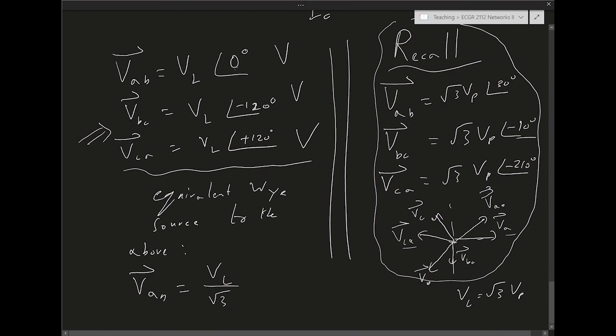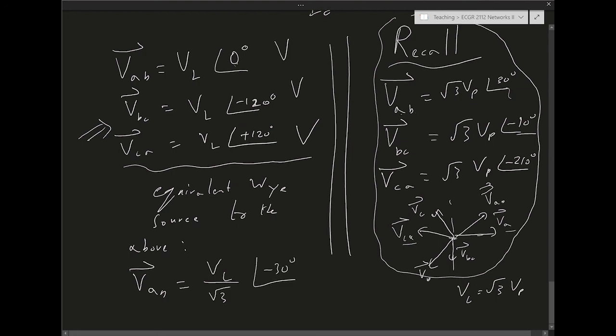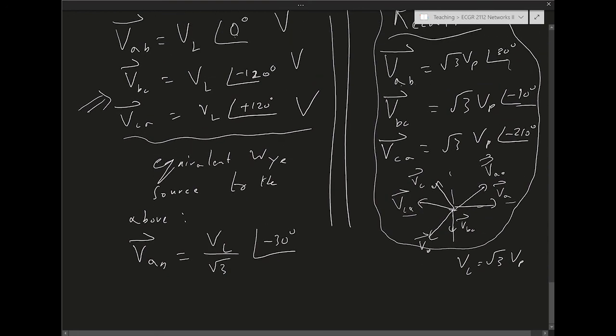And then we know that the line-to-line voltage is always 30 degrees ahead. So the phase voltage here should be behind 0 degrees by 30 degrees, so it should be minus 30 degrees. And then VBN equals VL over square root of 3 at minus 120 minus 30, which is minus 150 degrees.